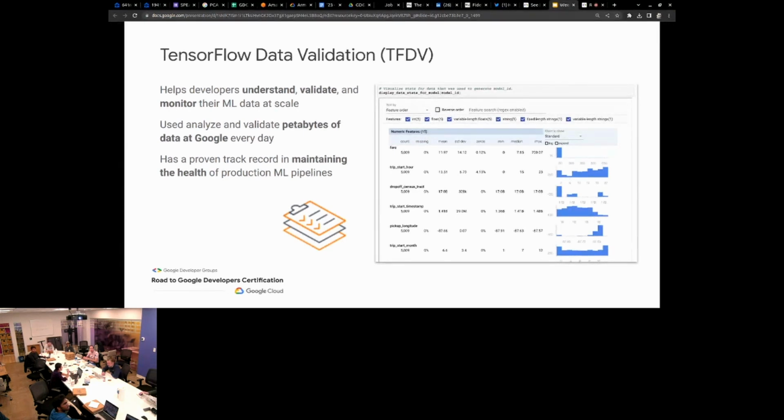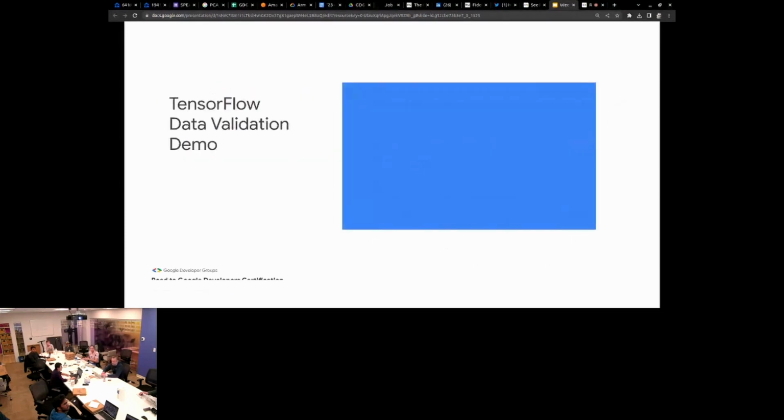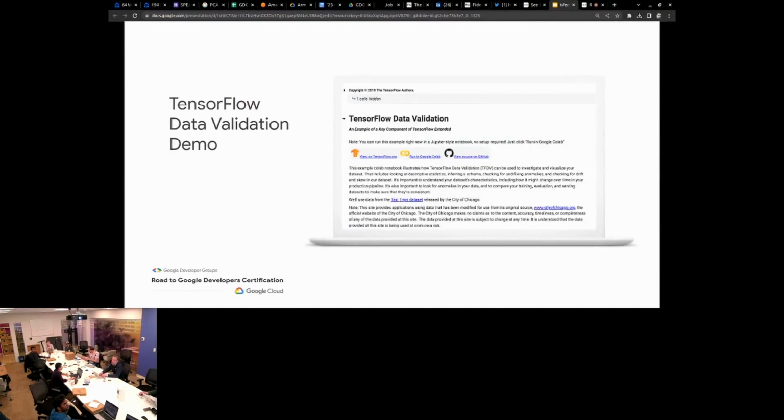It helps you to understand, validate, and monitor all of the data without making you write the whole code yourself. I strongly recommend going through it and giving it a try. I have never been using it myself, so I'm learning with you, and this was an interesting thing for me because it's really seamless. As long as you have TensorFlow on your system, you can just install it and it works really nicely.